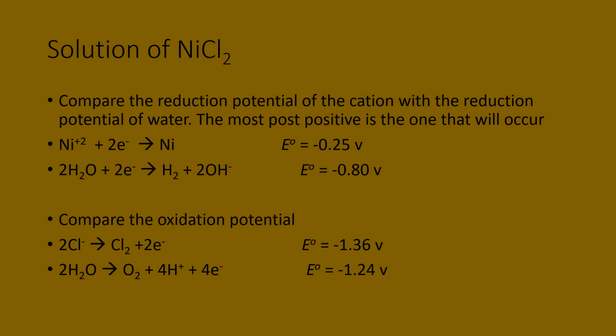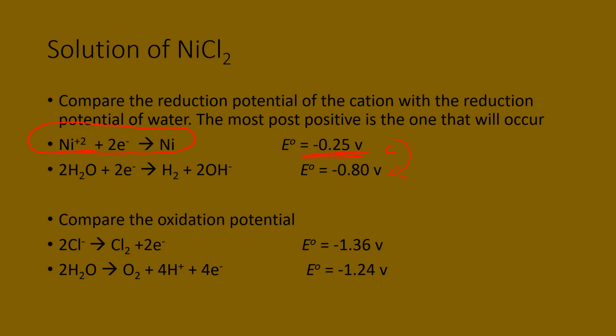Remember, cation is C, a positive ion, with the reduction potential of water. The most positive is the one that will occur. So if we look at these two, this is more positive. Negative 0.25 is closer to zero than negative 0.8.